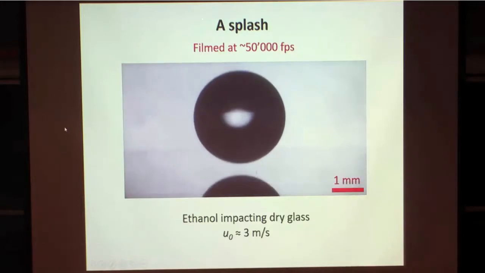I just want to make sure you understand what you're seeing. It's a drop of liquid, in this case ethanol. You see this bright spot here. You can ignore it. It's just an optical effect because we light the drop from behind, but the drop is really this entire structure. You start to see its reflection down here, and so the substrate is right here. And so now we're ready for the impact.